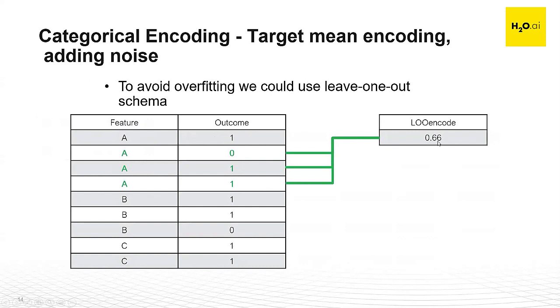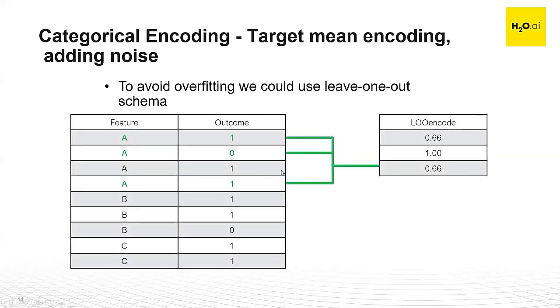This is roughly 0.66. So I will create a new feature that in the first row will have the value of 0.66. Now, when I create the feature for the second row, I will use the remaining values. And in this case, it will be 1 because all 3 other values are 1.